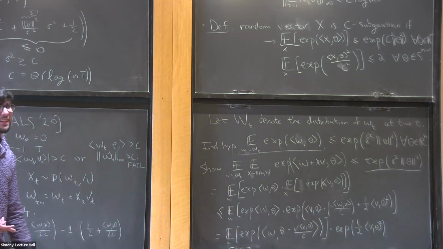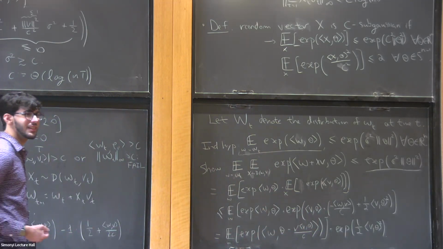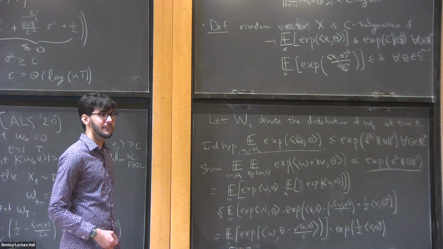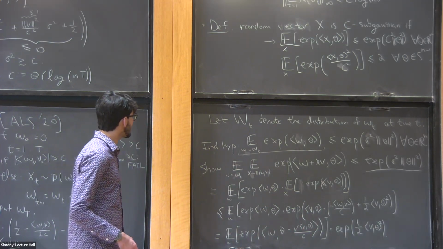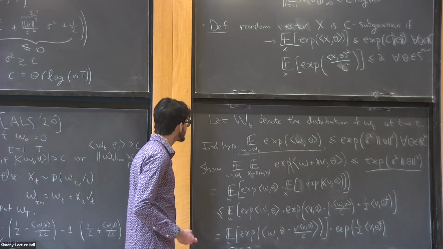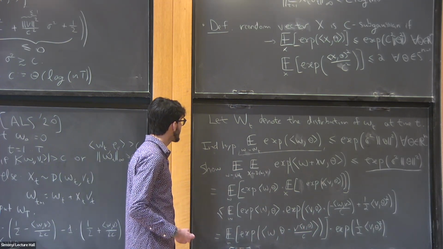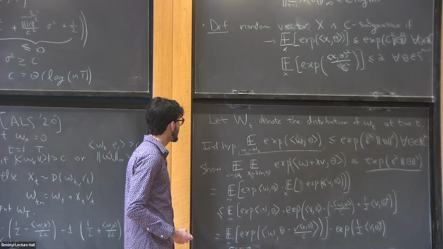Yeah, V also depends on W. So in principle, if you take expectation over W, you're supposed to. No, but you're first taking expectation over X. And W does not depend on X. No, I think that's the issue.